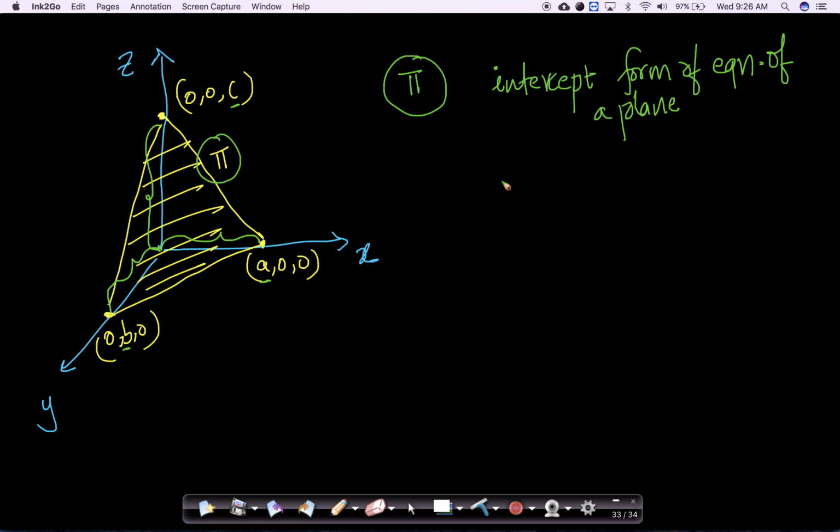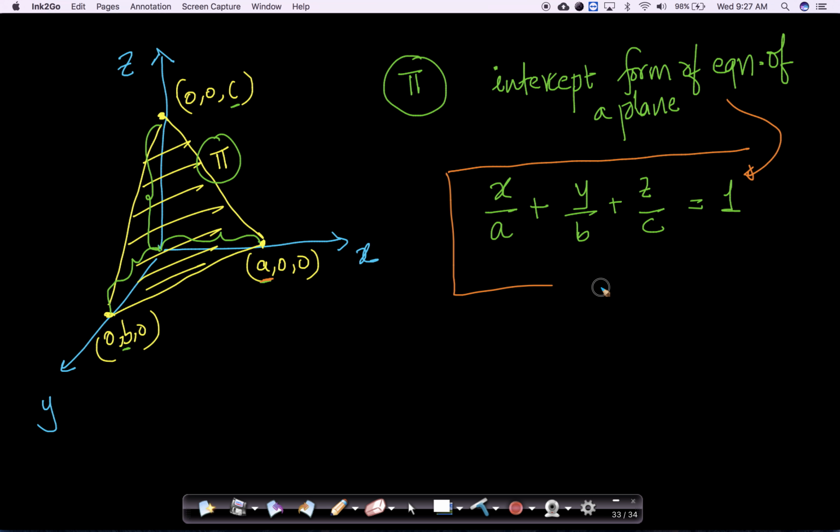The equation of the plane can be written as x by a plus y by b plus z by c equals 1. This is called the intercept form of the equation of a plane which intersects the x-axis a units away from origin, the y-axis at b units and the z-axis at c units. This is the standard intercept form.